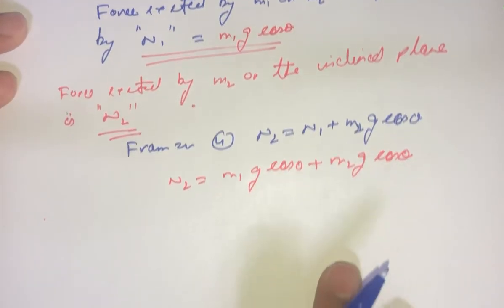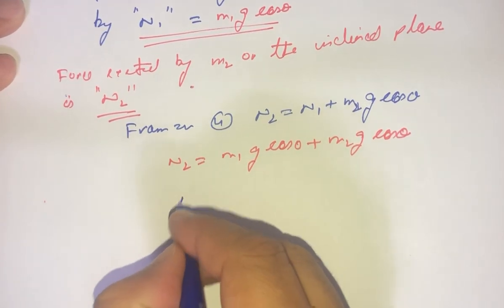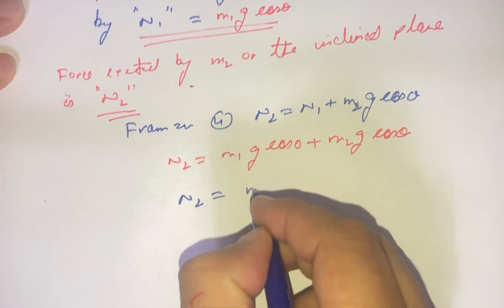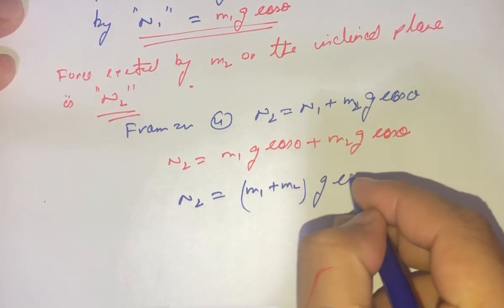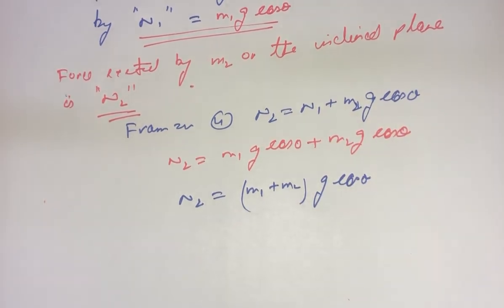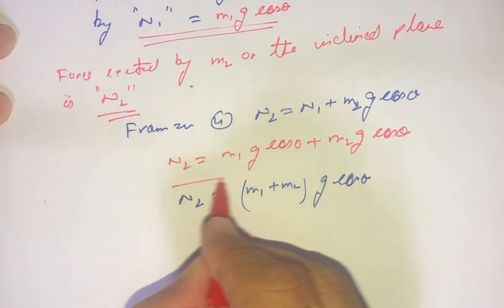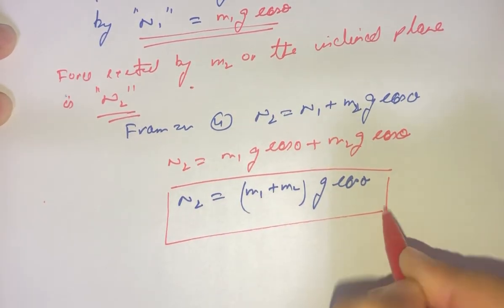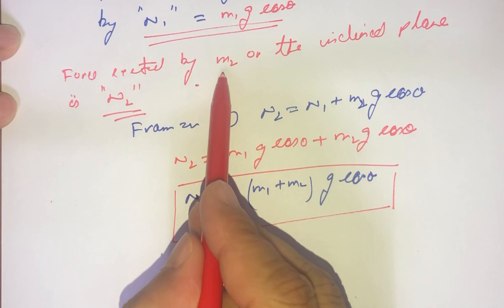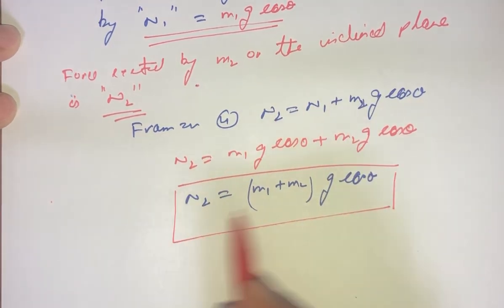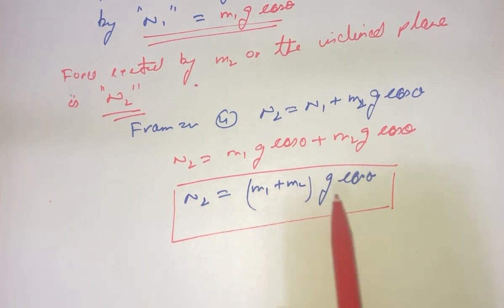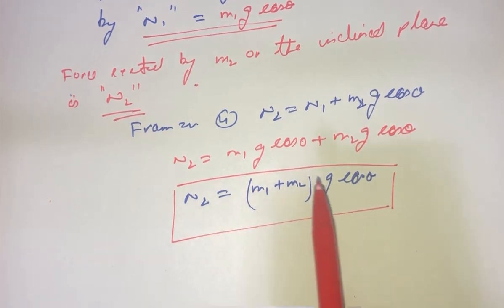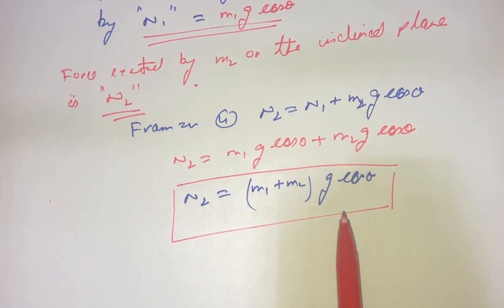We can take g cos of theta common, so normal n2 is equal to m1 plus m2 times g cos of theta. So the force exerted by m2 on the inclined plane is given by n2 equal to m1 plus m2 g cos of theta. So these were the 4 things which we were supposed to find out.